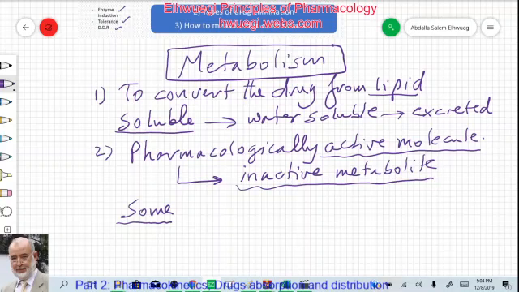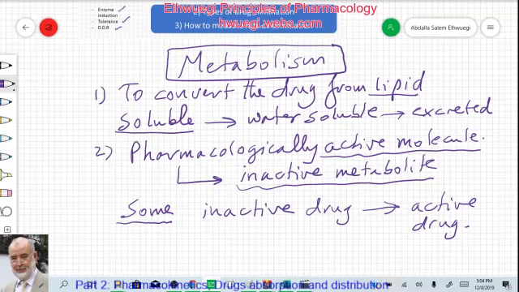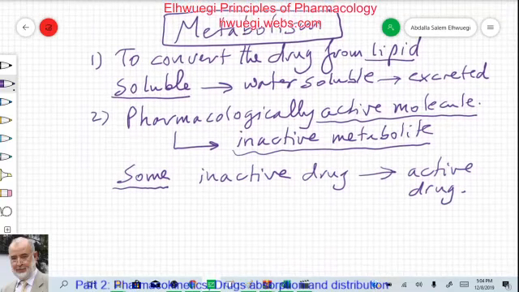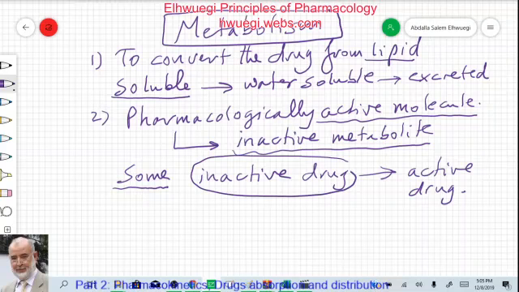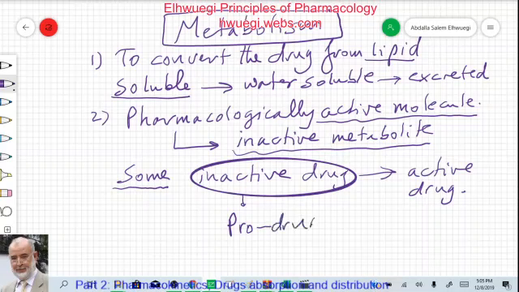But in rare cases, or in some cases, the process of metabolism will convert inactive drug, which has no action, to active, pharmacologically active drug. In this case, the inactive form of the drug is known as prodrug. Okay?